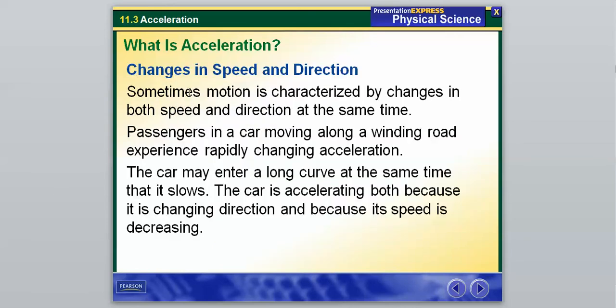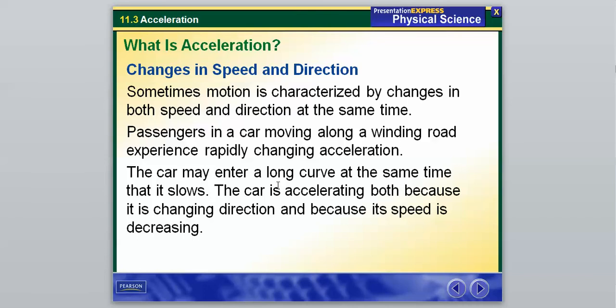And then again, sometimes you can do them both at the same time. So sometimes motion is characterized by changes in both speed and direction. Passengers in a car moving along a winding road experience rapidly changing acceleration because there are different curves and straightaways, you're going to have to slow down, then speed back up. You're constantly changing direction. And then the car may enter a long curve at the same time that it slows.